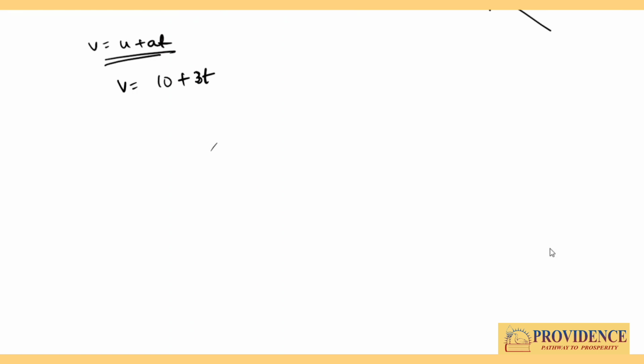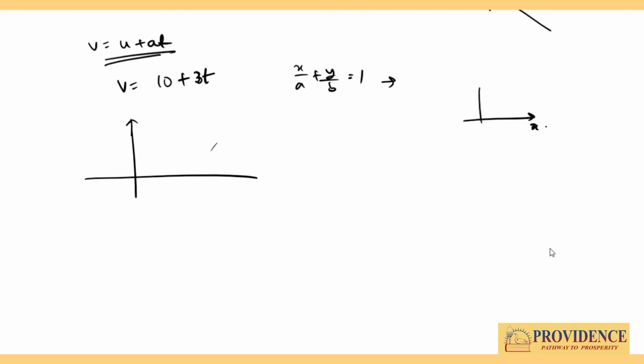So how to find out the equation of this line? See, we can either refer to this form x by a plus y by b is equal to 1, where in this particular case our x-axis will be time and on the y-axis we are going to take v. So here we have to express it in the form t by a plus v by b is equal to 1.